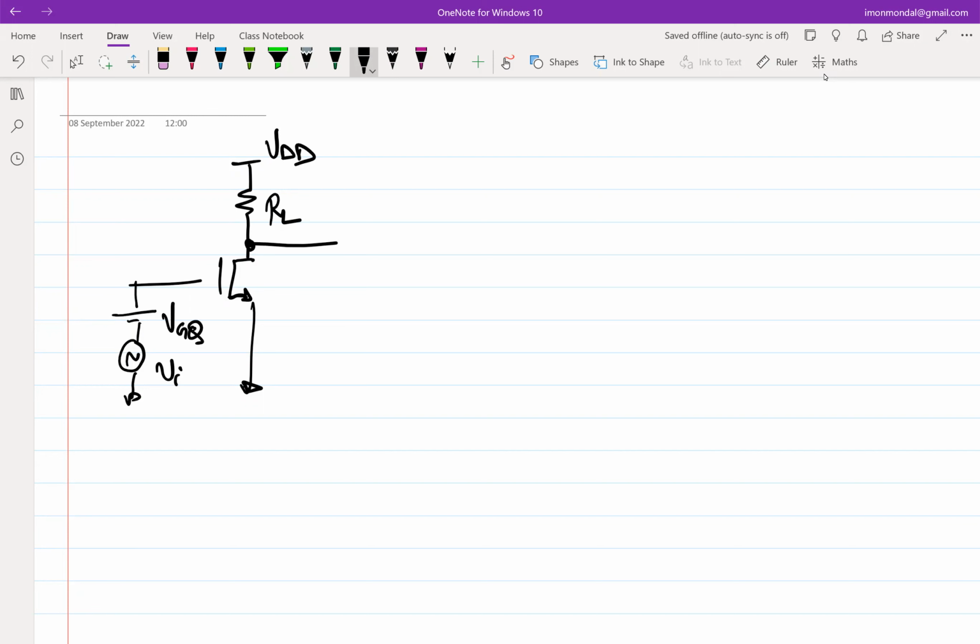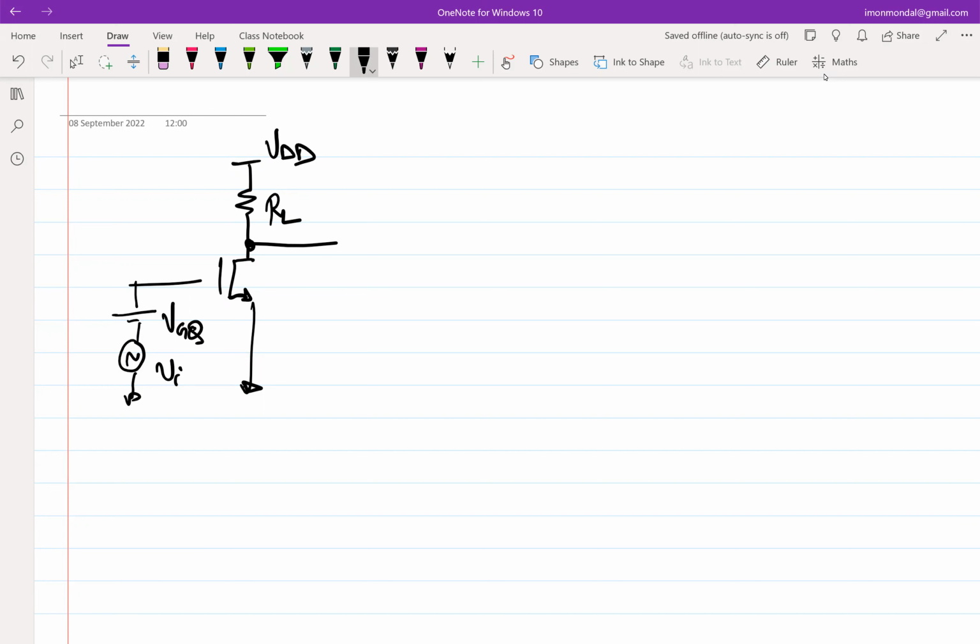And we said that in this particular case, what is the maximum VI that I can apply is determined by the condition when this transistor actually goes into linear region.